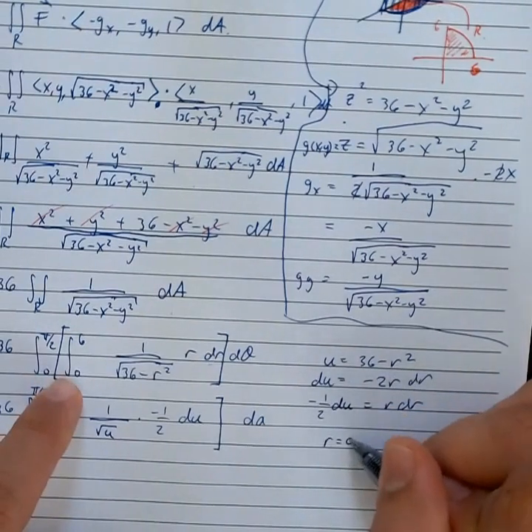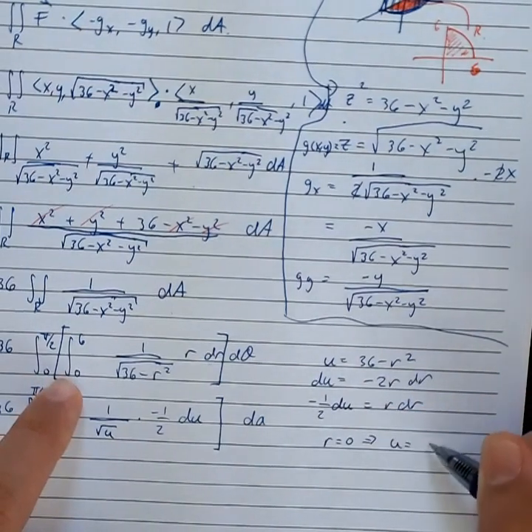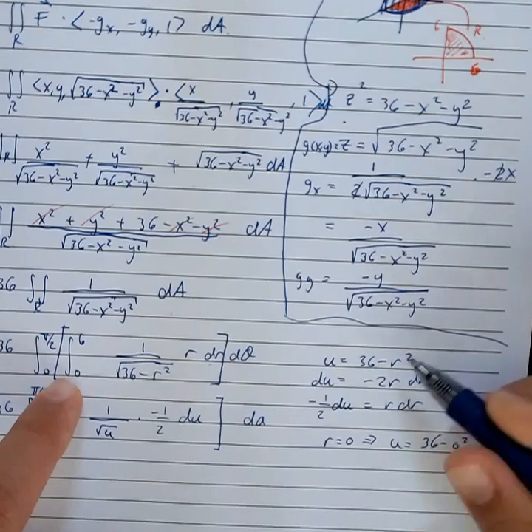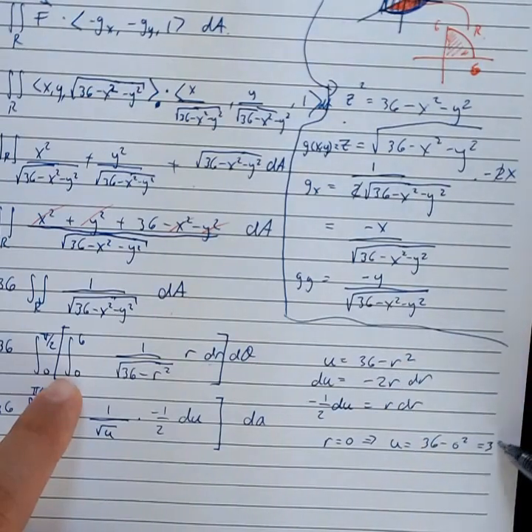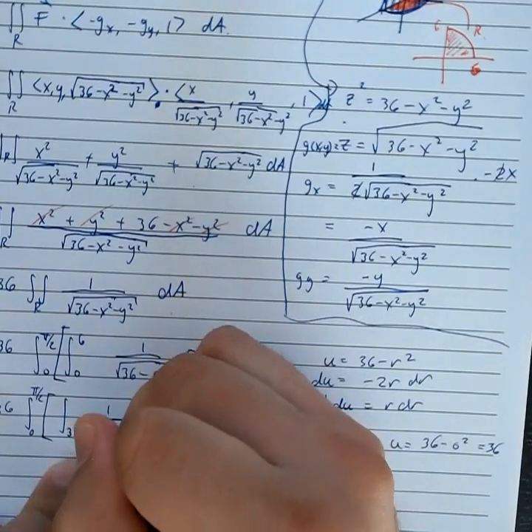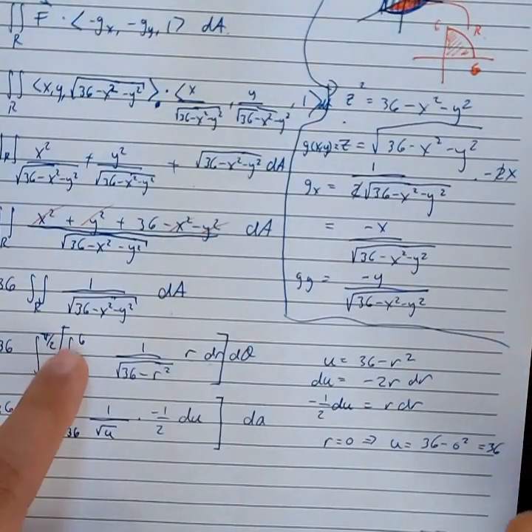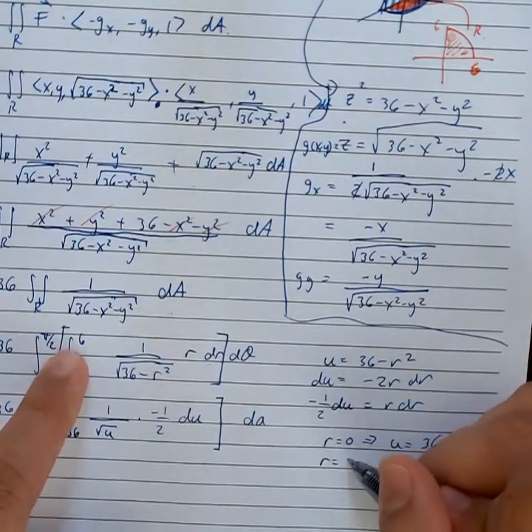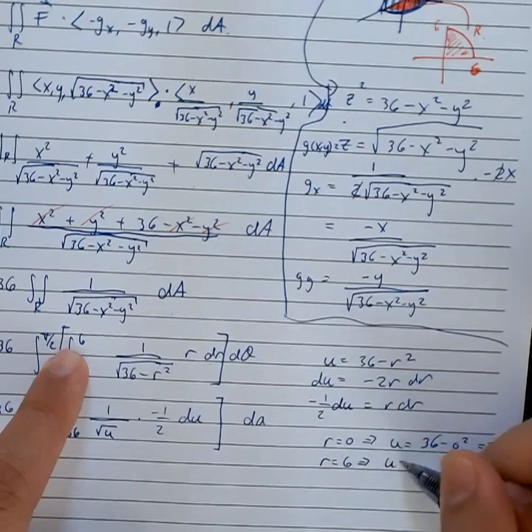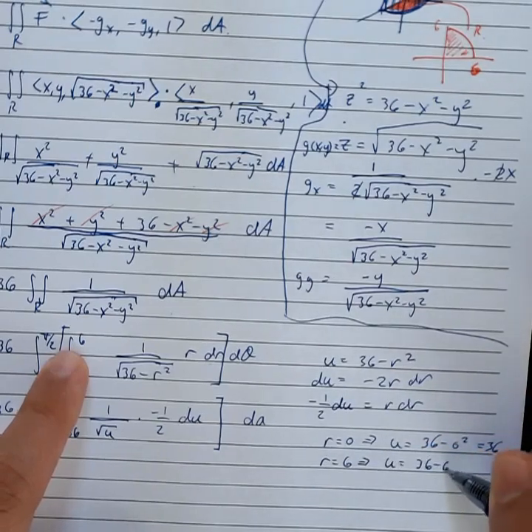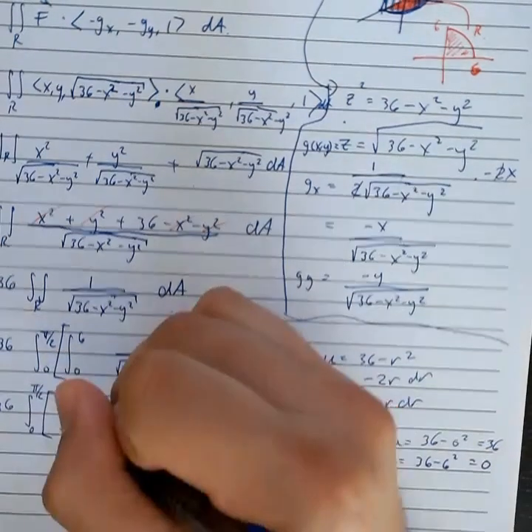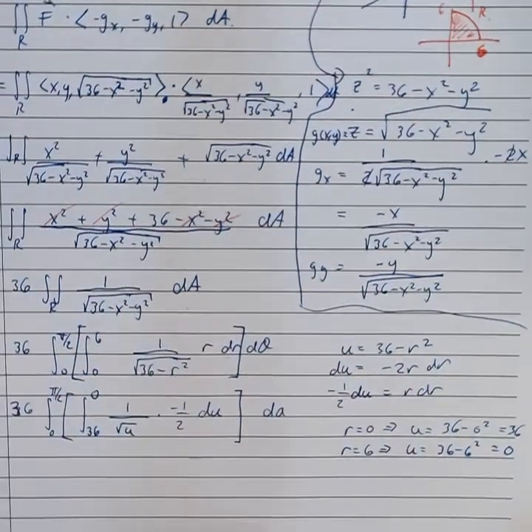That means if r is equal to 0, u is equal to 36 minus 0 squared, which is 36. So that lower bound should be 36. The upper bound, if r is equal to 6, that means u is equal to 36 minus 6 squared, which is 0. So I've changed my boundaries.